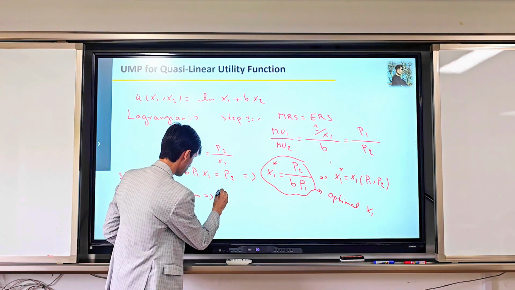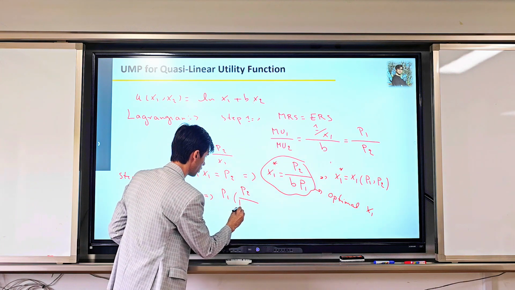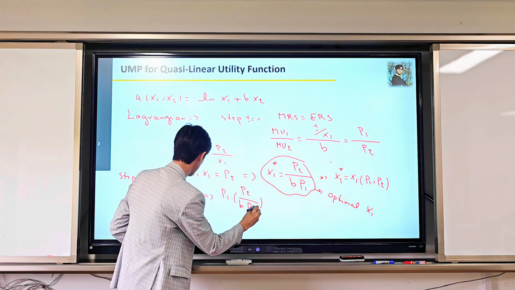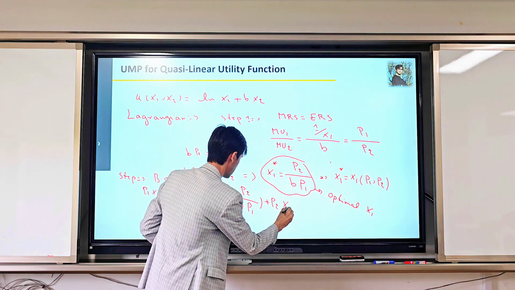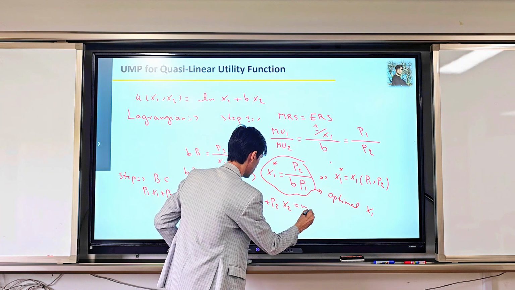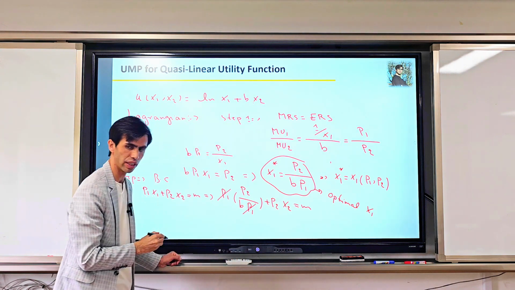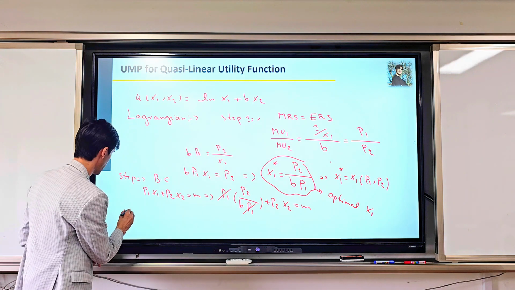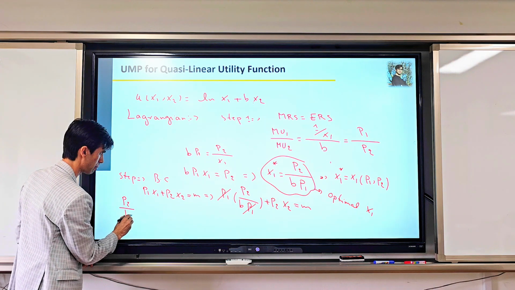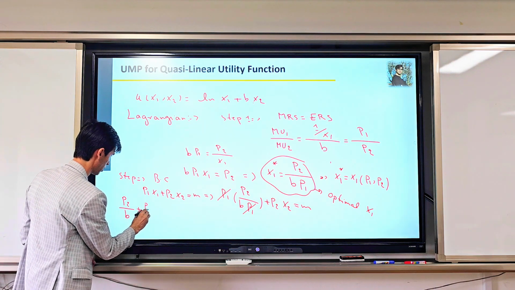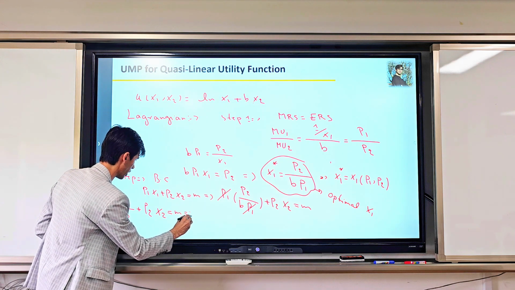So p1 multiplied by p2 divided by b p1, plus p2 x2, is equal to m. Then this p1 with this p1 will cancel out, so we are only left with p2 divided by b plus p2 x2 equal to m.